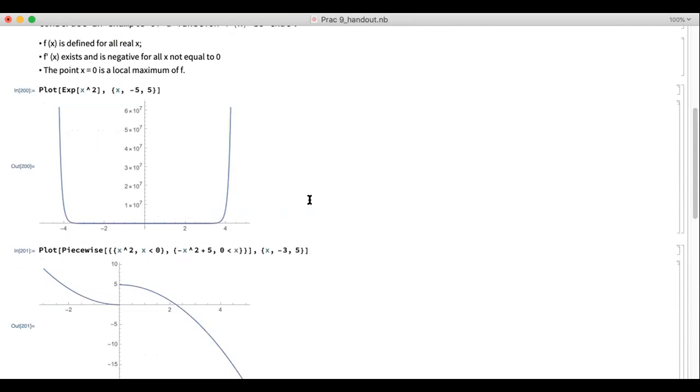Why? It should be less than or equal to.